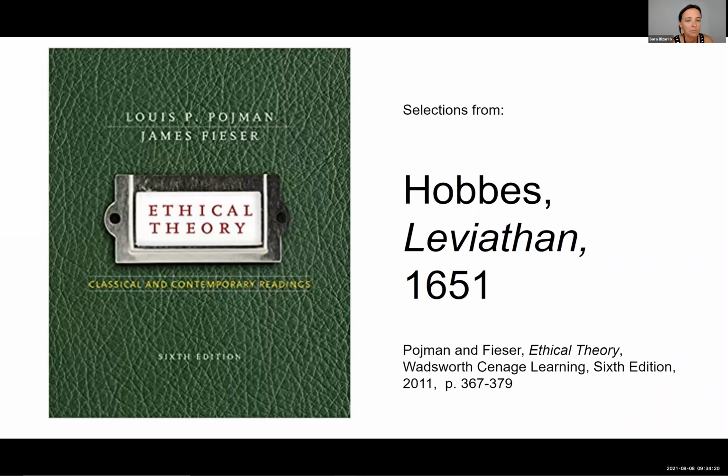So again, for this ethics course, we're using this book, Ethical Theory, and the Leviathan reading is page 367 to 379. Leviathan, as you can see in the slide here, was published in 1651, so quite a long time ago. The English is somewhat challenging in some sections, I thought, but not too challenging, nothing that I can't understand.